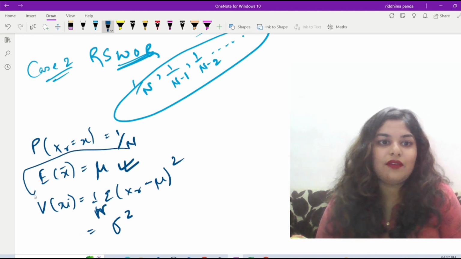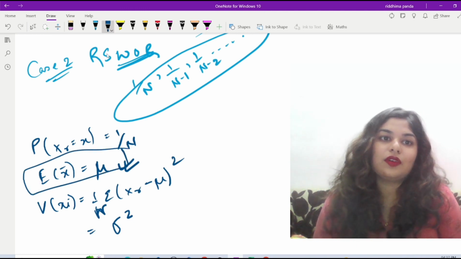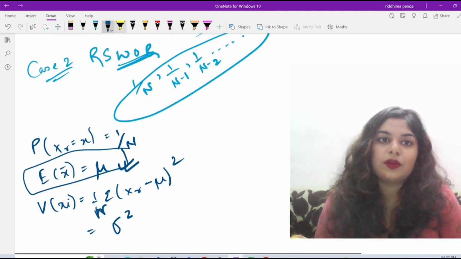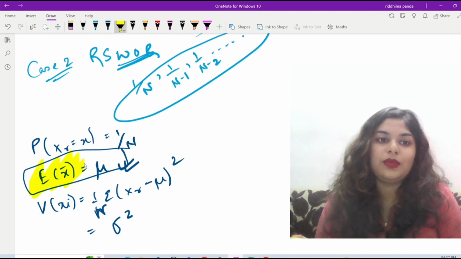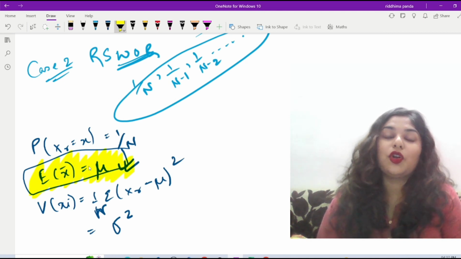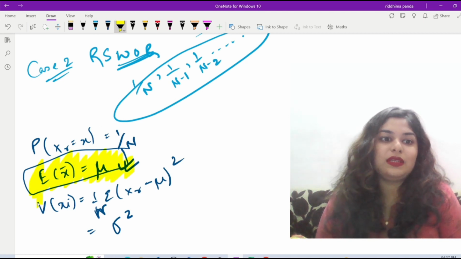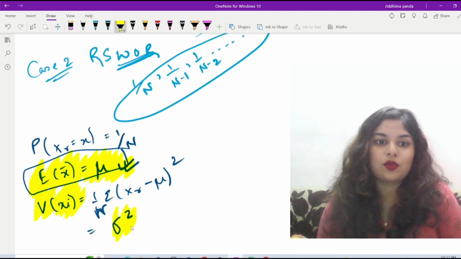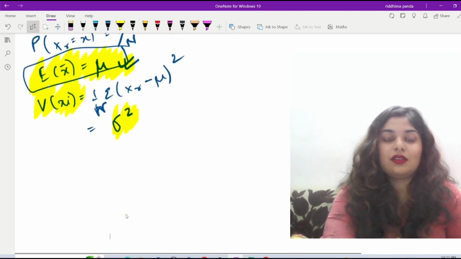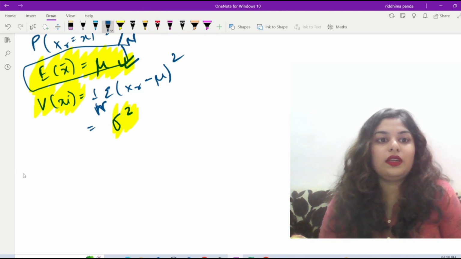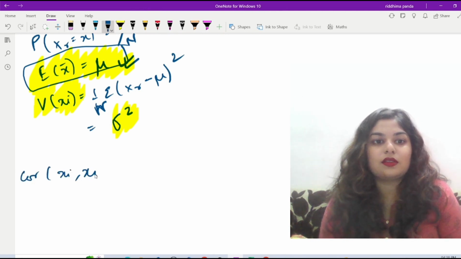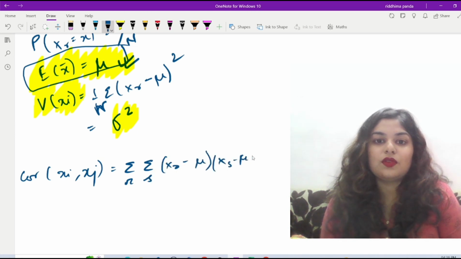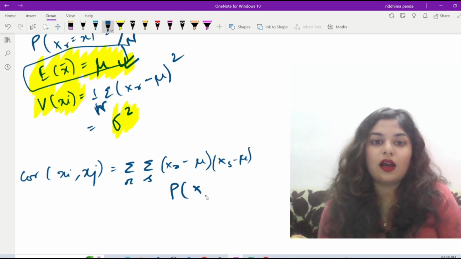So in case of random sampling without replacement, the expectation of the sample mean is mu, and in order to find the variance of the sample mean, we have the first term, that is V of xi, sigma square. Now we are going to calculate the covariance in this case. Covariance of xi comma xj is equal to summation over r, summation over s, of xr minus mu into xs minus mu, times the probability that xr is equal to x and xs is equal to x.